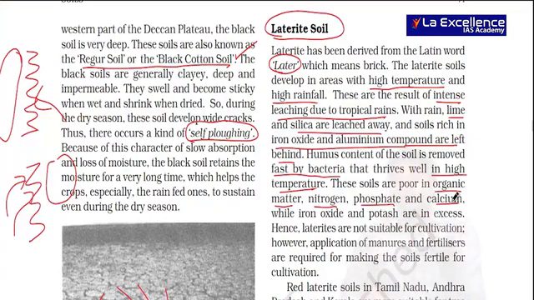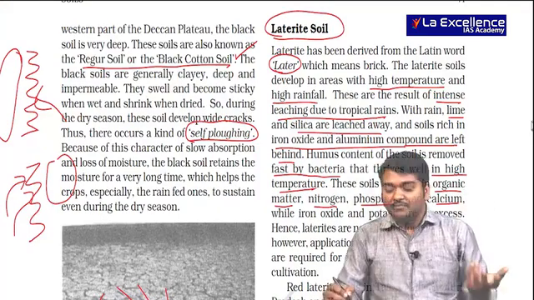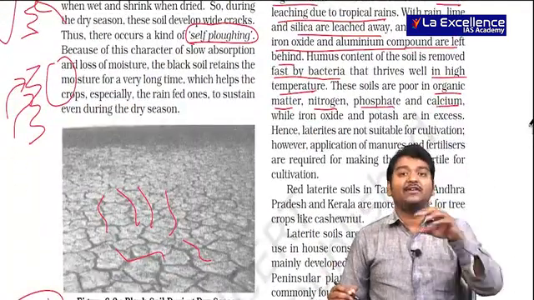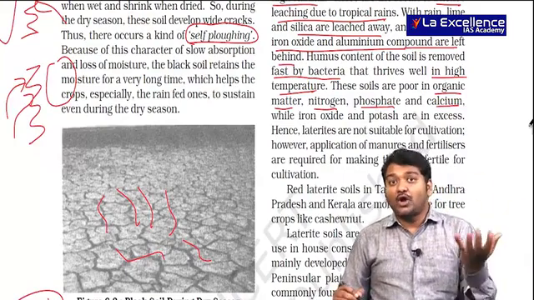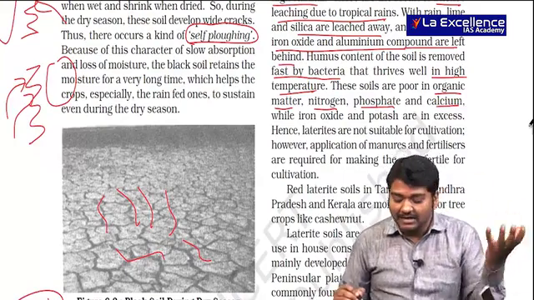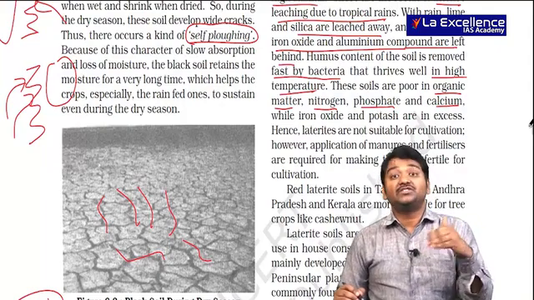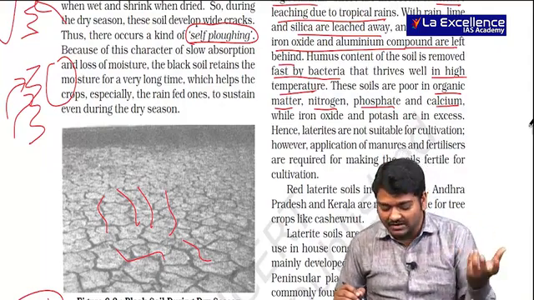We are actually talking about the rainforest, where because of heavy rainfall, lime and silica are usually removed, iron oxide and aluminium are left, and even humus content is removed. Whenever humus content is removed, the fertility is removed and it is not good for much cultivation. This is the reason shifting cultivation usually occurs in this part.